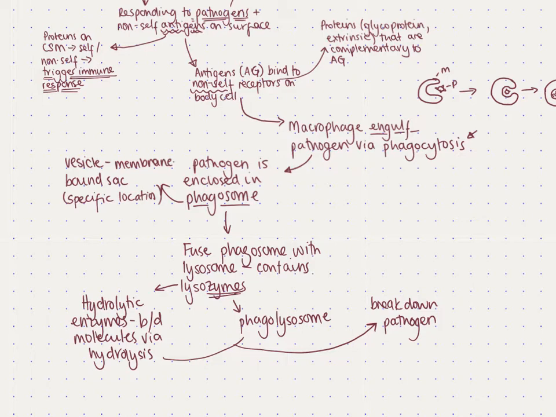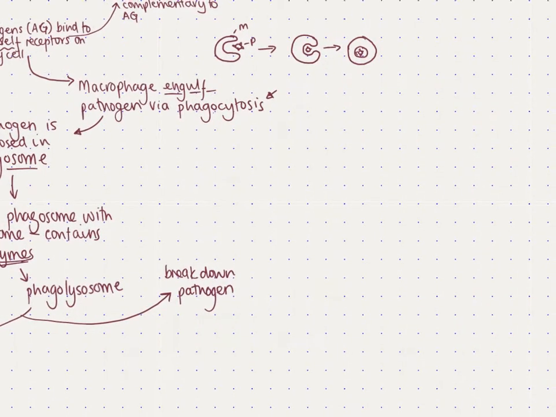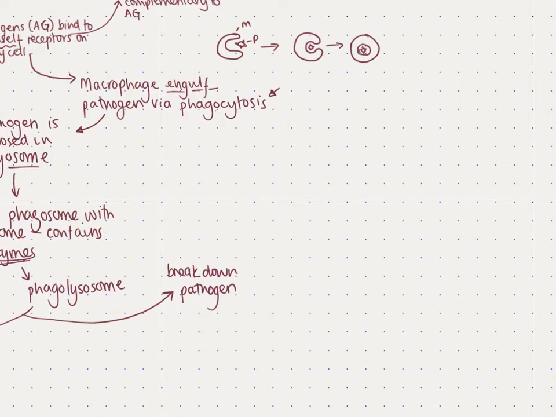We know that if we go back to looking at a quick pass, the macrophage is going to engulf the pathogen via phagocytosis. That results in the breakdown of the pathogen inside the cell. And we get the antigens from the pathogen being displayed on the surface. So pathogen antigens are displayed on the macrophage surface.